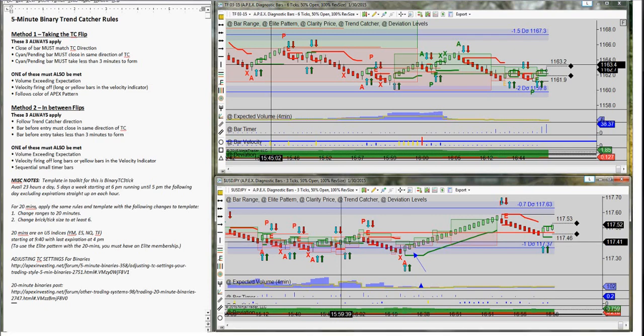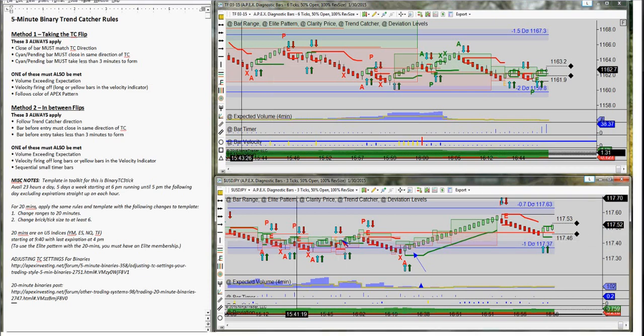What I'm saying is, it's not a good sign to have a red confirmation arrow and a green bar. That's what that was really all about. That first one is not as much closing in that direction, but if you're near the end of the close of the bar when it hits the confirmation, but it's the wrong color, well, you don't want to take it.